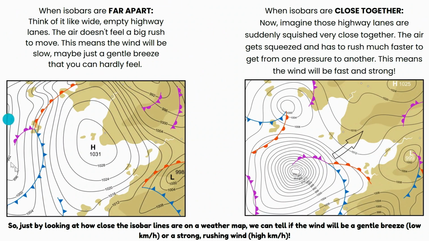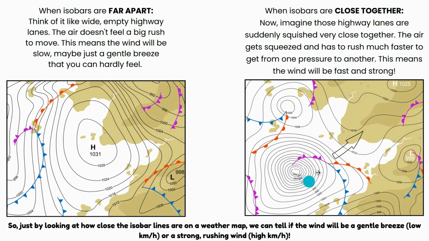So if you look at this image here, when your isobars are further apart from each other, think of it like wide empty highway lanes, the air doesn't feel a big rush to move. This means the wind will be slow, maybe a gentle breeze that you can hardly feel.